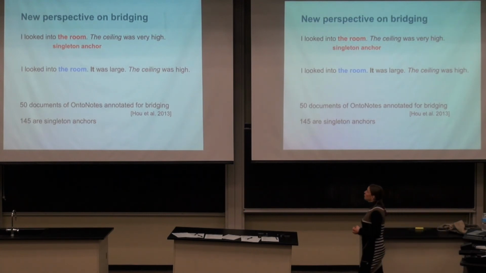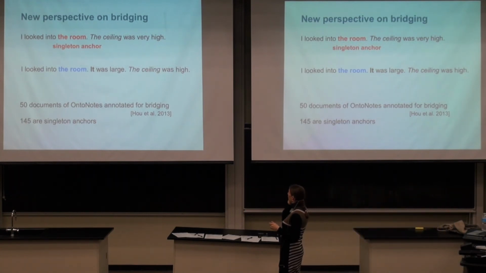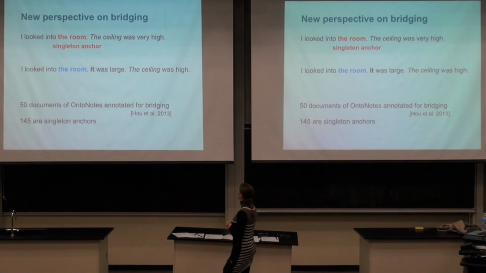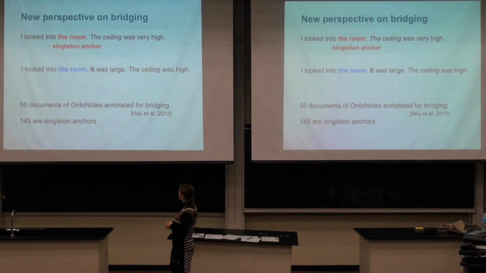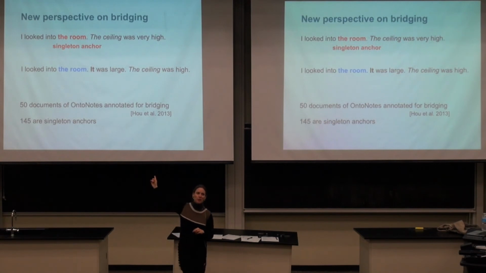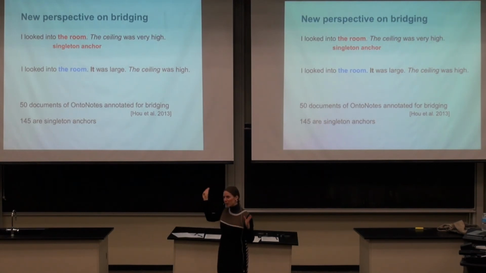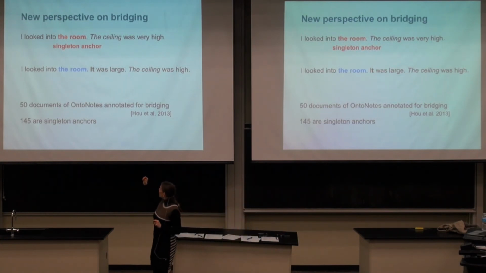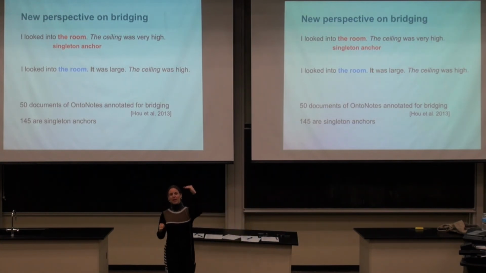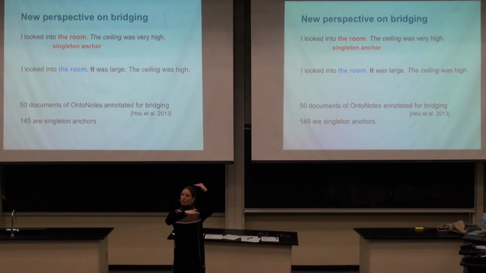Fifty documents in OntoNotes have been annotated for bridging by Hou et al. in 2013. Remember there are more than 2,000 documents, so this is a small part of the data, but it's better than nothing. Looking at the bridging annotation crossed with the coreference annotation, we identified 145 singleton anchors.